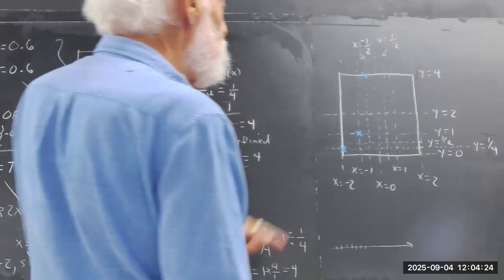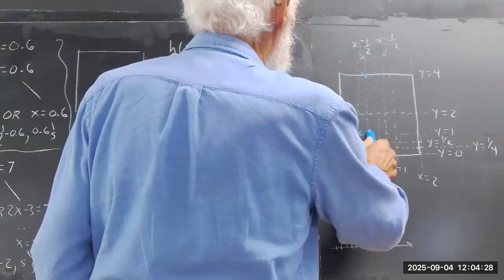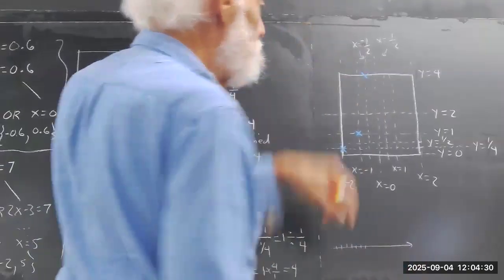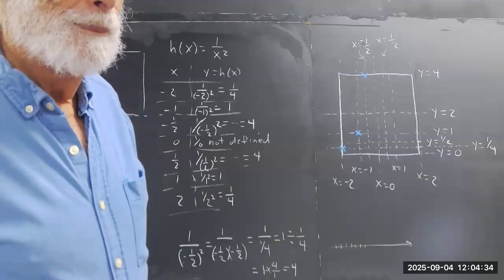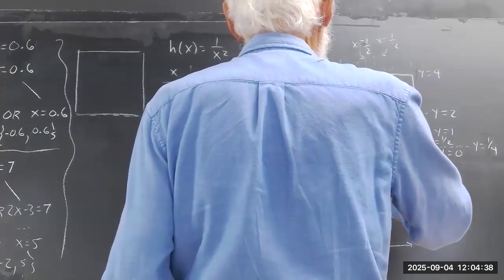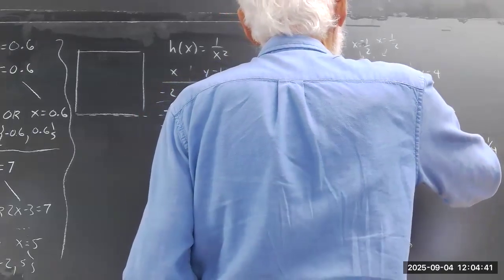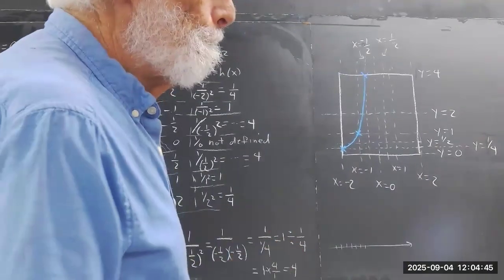But the rule, if we draw this grid, is over 1 up 2, over 1 up 2. And now we're at the end of the window and we don't go any further. So our graph is going to look something like that on the left-hand side.